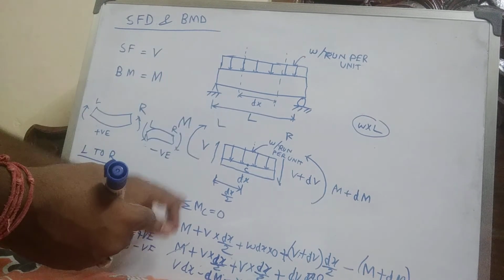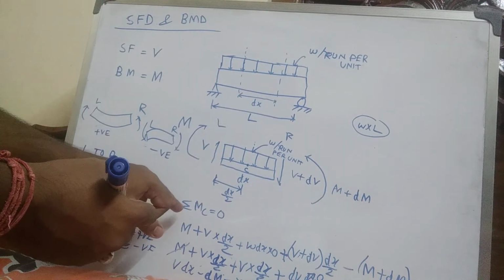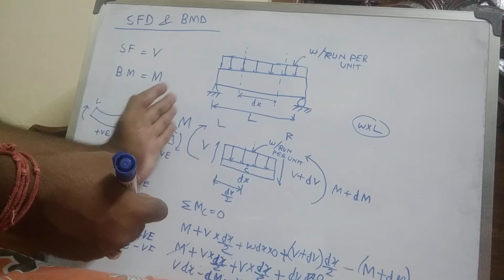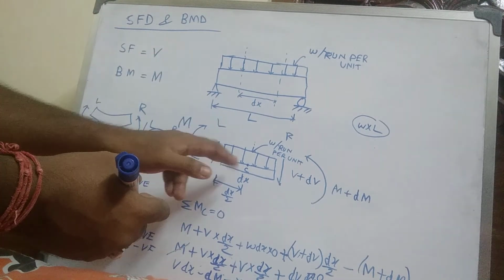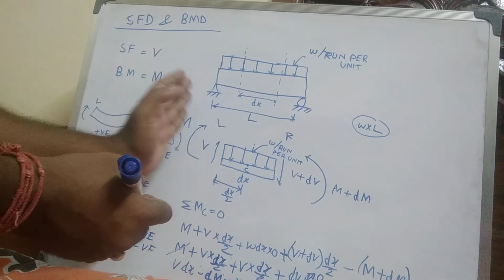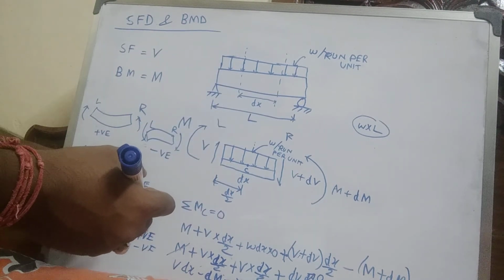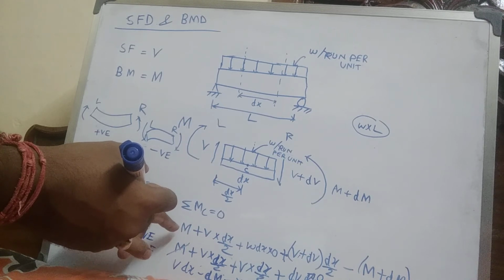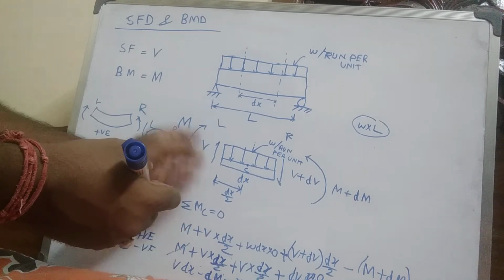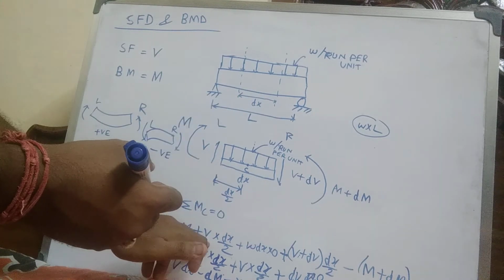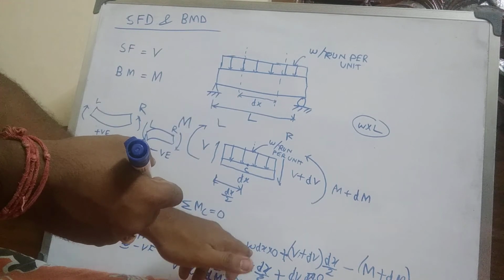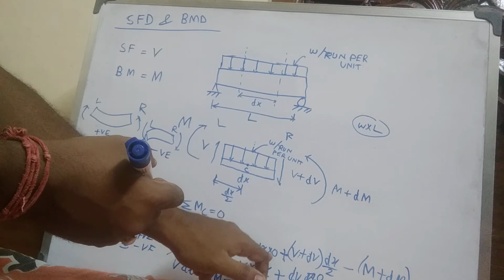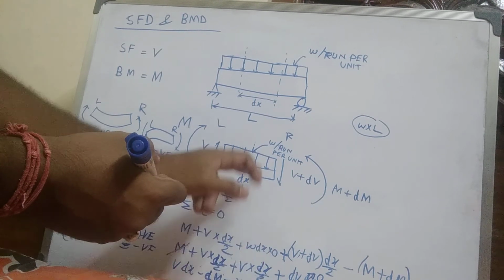First we take moments about point C. Going left to right, clockwise moments are positive. M is clockwise, the load passes through the centre so its distance is 0, and V is also clockwise, so positive.